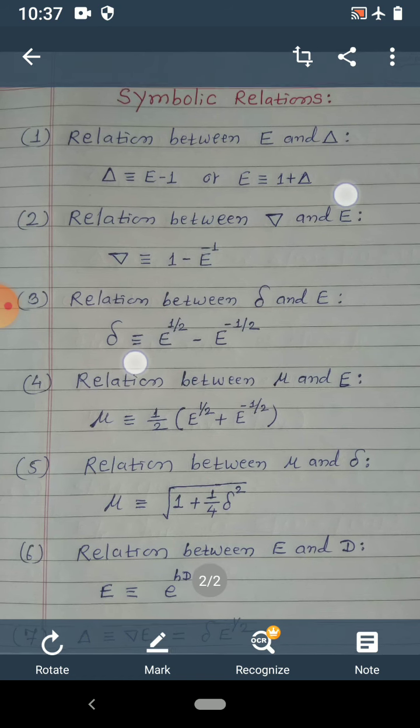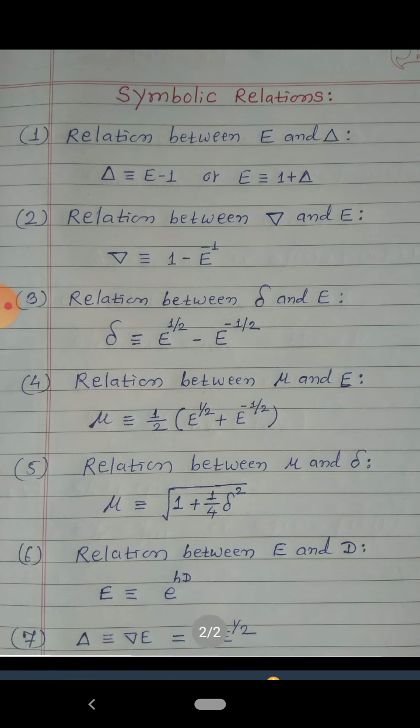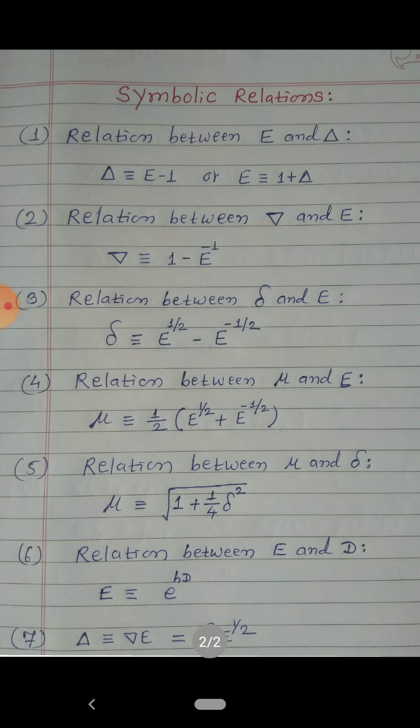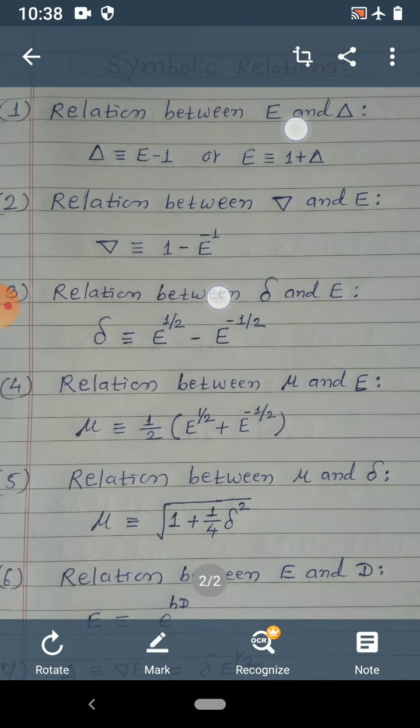First is the relation between operator E and delta. That means the relation between shift operator and forward difference operator. And it is defined as forward difference operator delta is equivalent to E minus 1, or transferring 1 to the left side, it can be written as E is equivalent to 1 plus delta.